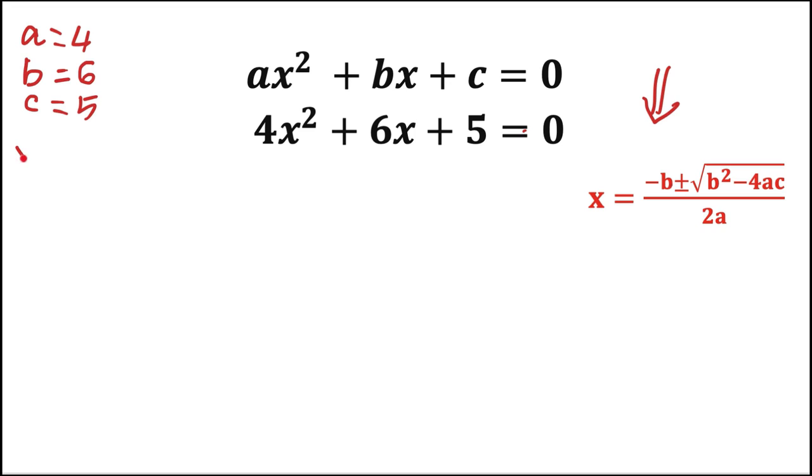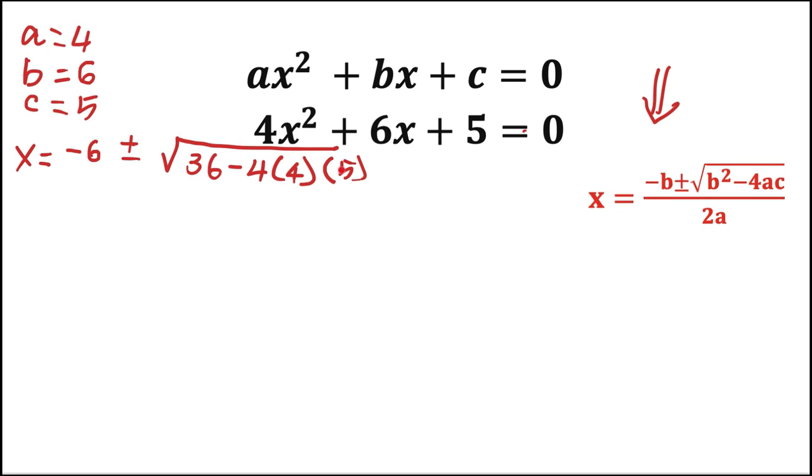Then we start with x equals negative b, which is negative 6 here, plus or minus the square root of b squared, which is 6 squared, so 36, minus 4 multiplied by a, which is 4, multiplied by c, which is 5, and then all over 2 times 4.